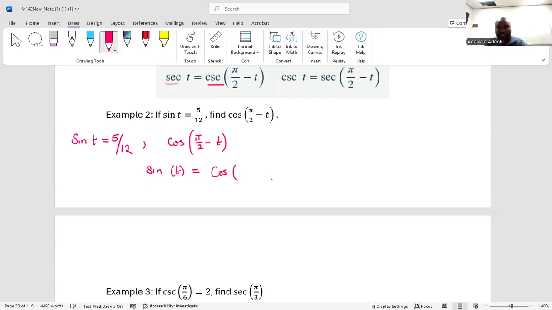If I want to know what that sine of angle will be equal to in terms of cosine, I just need to subtract that angle from 90 degrees or from pi/2. Therefore, this is what we are looking for right here. And we have this already given, which is 5/12. Automatically, cosine of pi/2 minus t is 5/12.